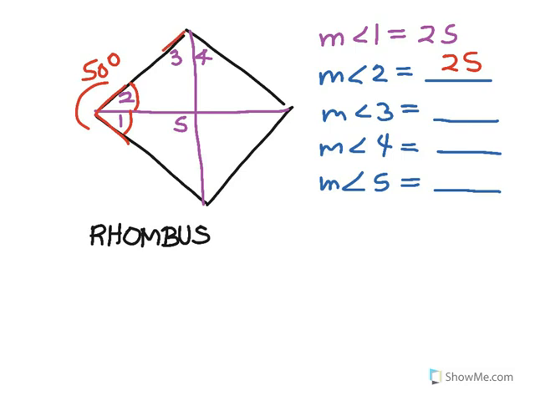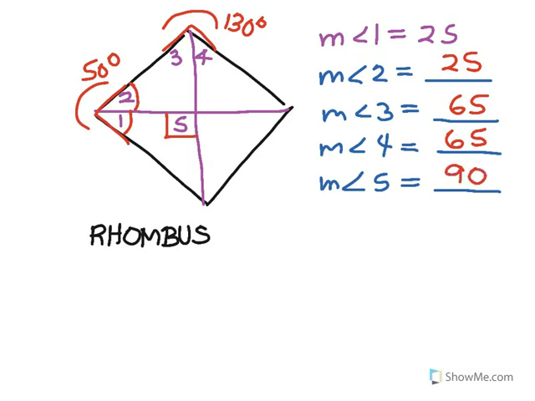So I know that angle 3 and 4 have to together equal 130 degrees. So angle 3 has to be 1/2 of 130 degrees, which is 65 degrees. And angle 4 has to be the same thing. And then angle 5 down here in the middle, well, I know that diagonals of a rhombus intersect at 90-degree angles, so that angle 5 has to be 90 degrees.